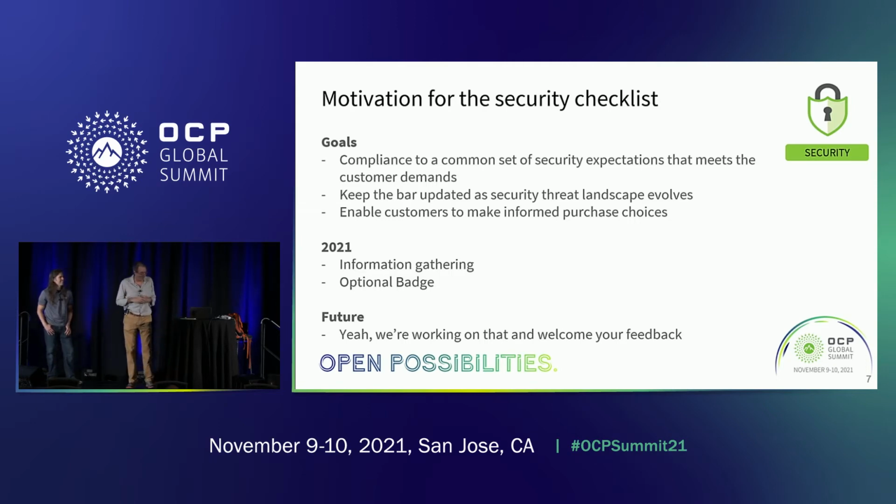Not everyone likes those badges. But at the end of the day, the idea here was to recognize the products that are actually secure. So we probably need to find better ways to do the recognition. But right now, there is a badge, and you can choose what badge level you go after. And yes, we're working on feedback, so we'll talk about that at the end.